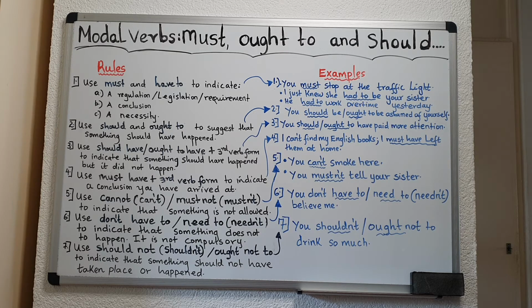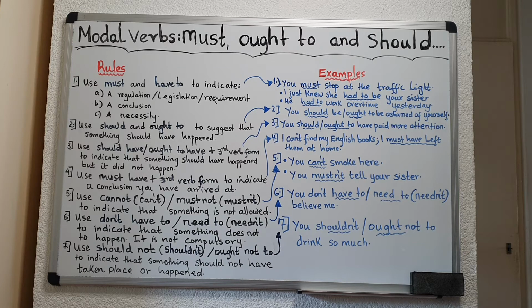Rule number 3, use should have or ought to have plus the third verb form to indicate that something should have happened, but it did not happen.